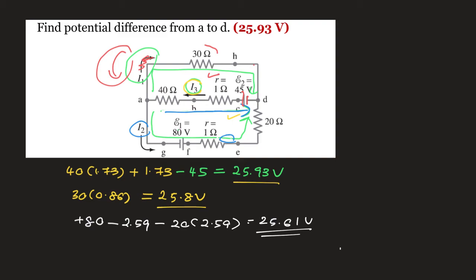The front part is the same, therefore you can assume that the currents I1, I2 and I3 that you got before are correct. So that's how you find the potential difference. But make sure that when it comes to terminal voltage and potential difference, you always use the corrected direction before you start your calculation.